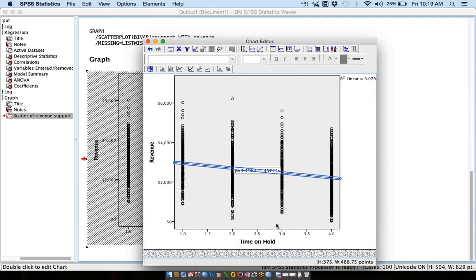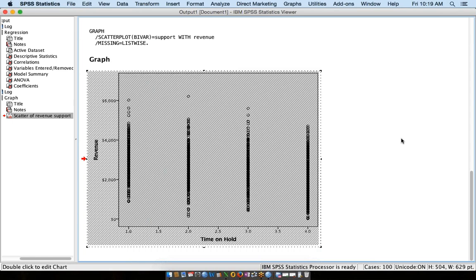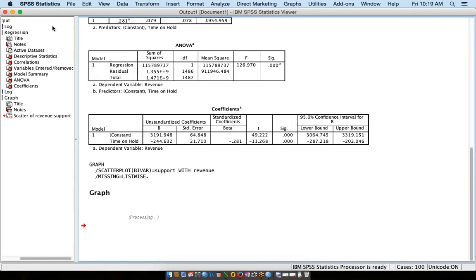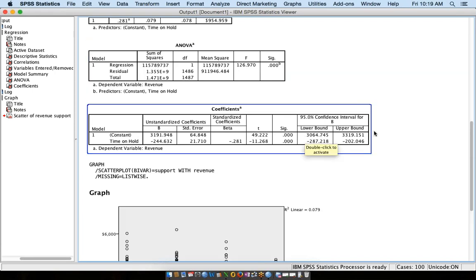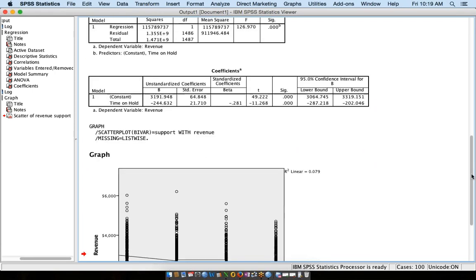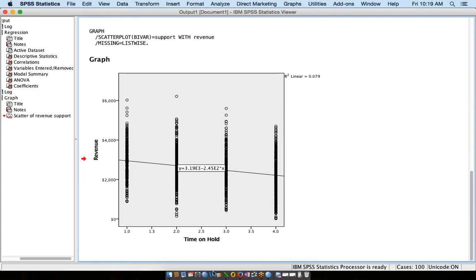And as best we can, we see that this is linear and that it's negative. And so next we proceed to the write-up.